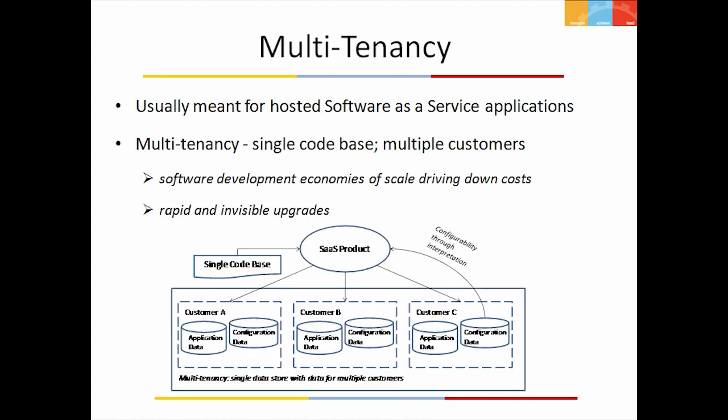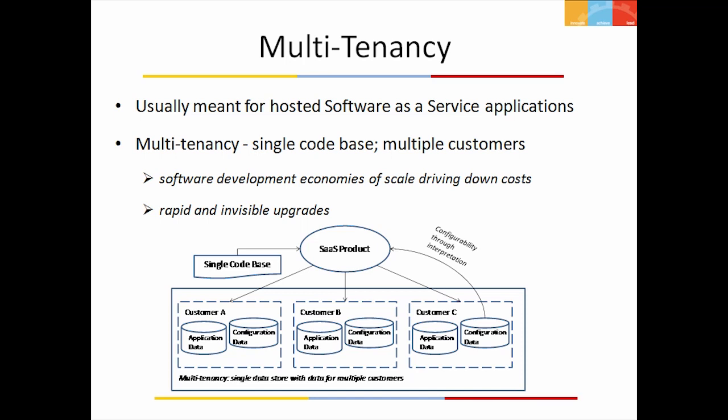Pictorially it might look like this. There is a single code base, and there is a SaaS product. There is configuration data, and in fact there is configuration data for each customer. In this picture you see that there are three customers, customer A, B, and C, and each customer has its own application data and its own configuration data, and they are isolated.